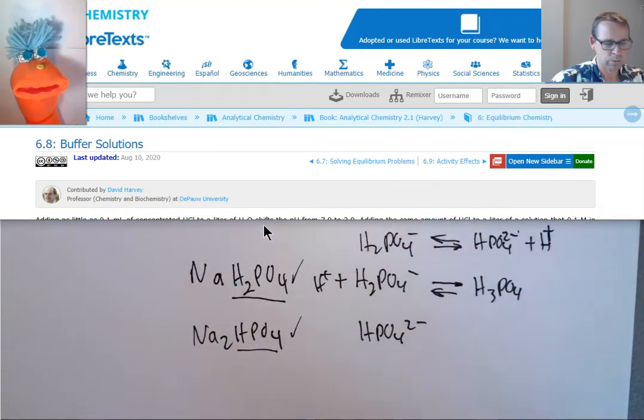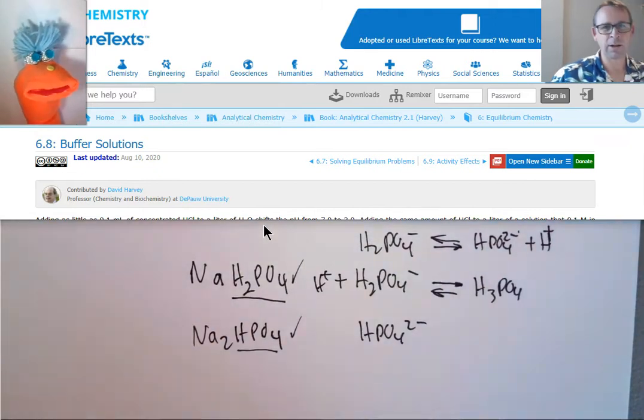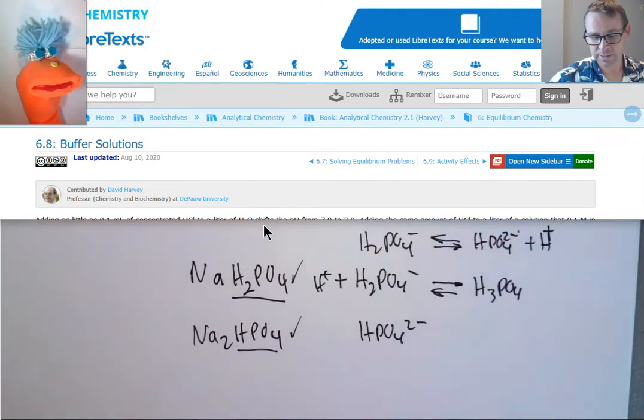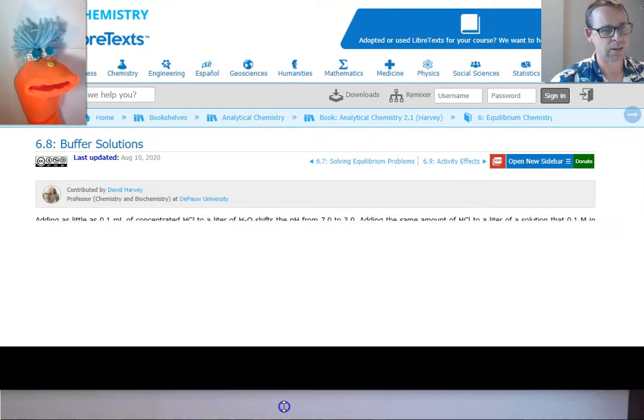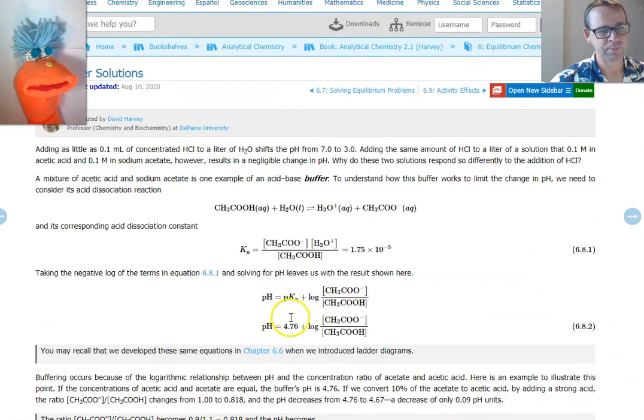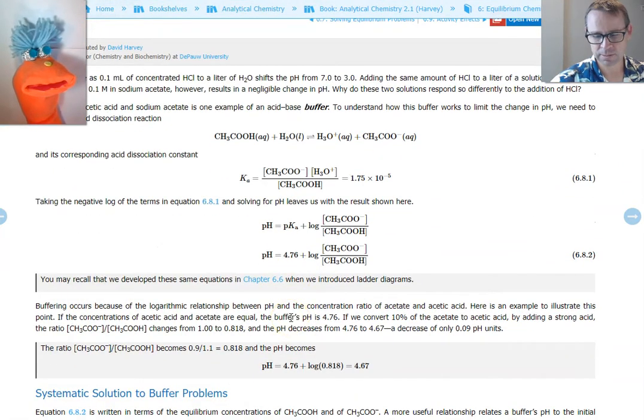Okay, so you have a significant concentration of a weak acid and a significant concentration of its conjugate base. Whenever you have this, you have a buffer, right? You have a system that's ready to take hydrogen ions. The conjugate base will take the hydrogen ions, and it's ready to take the hydroxide ions. The acid will consume the hydroxide ions and result in more of the conjugate base.